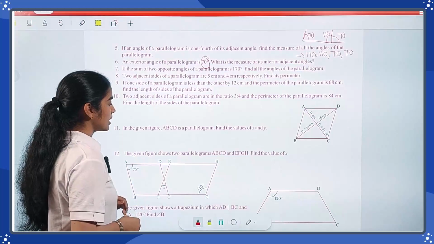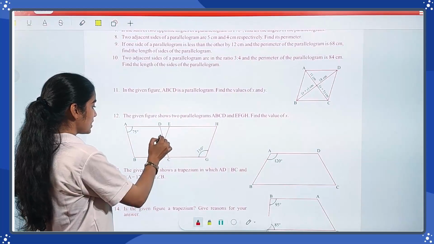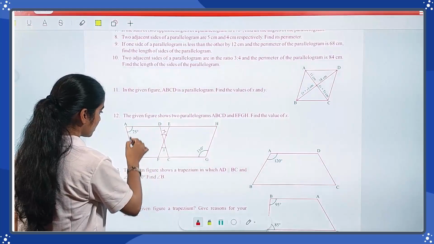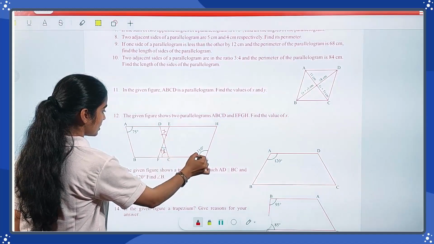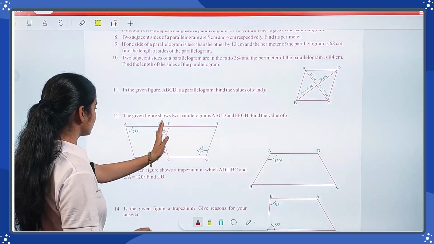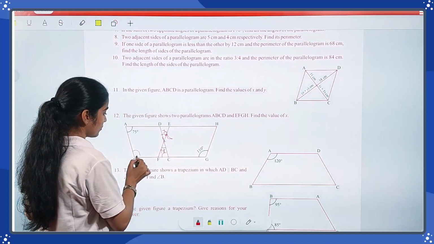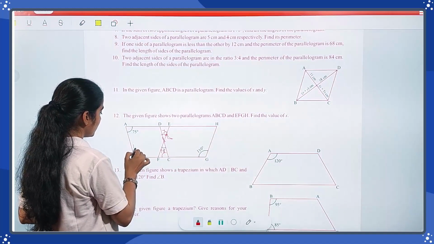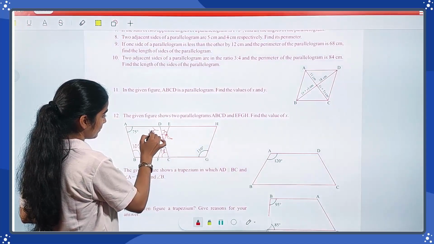Now the given figure shows two parallelograms ABCD and EFGH. Find the value of x. So if this is x, this is also x, and you have to see this figure like this. So this is 75, this is also 75, this is 110, this is 75. If this is 75, so 75, 80 and 105, this is also 105.